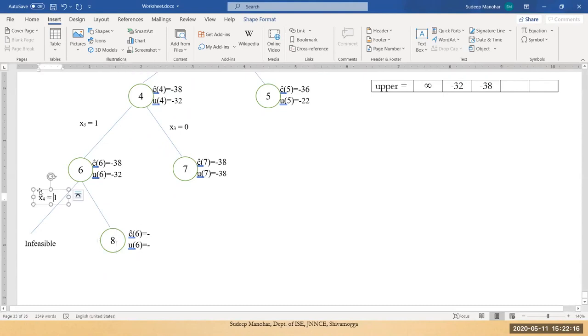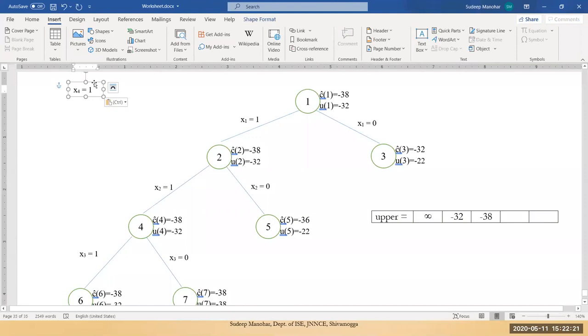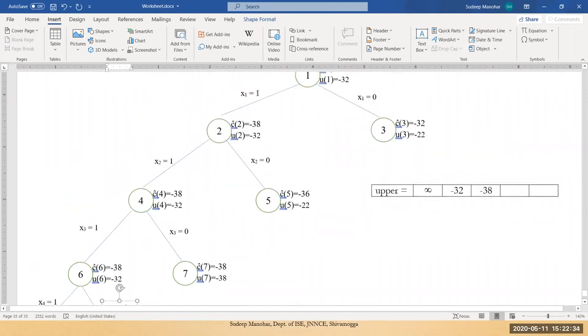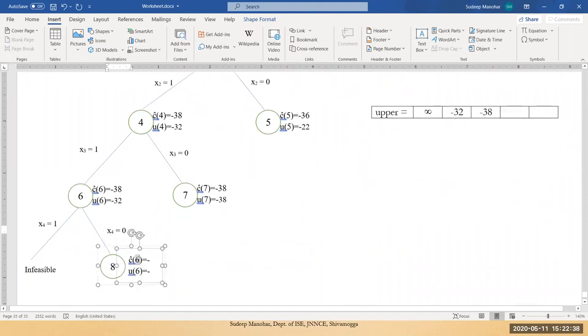So what it does, it is without the fourth item. X4 is 0. So without the fourth item means you have to consider the first three items, item number 1, 2 and 3. So what will you get for the values for this? We'll calculate. So this is node number 8.